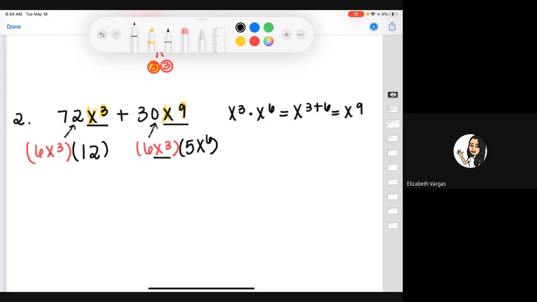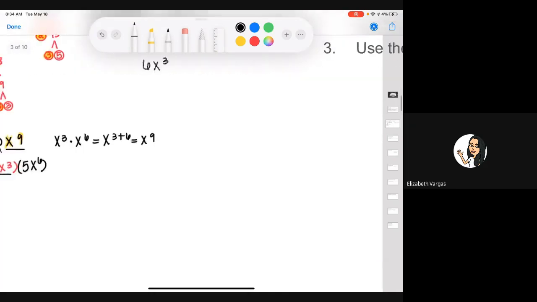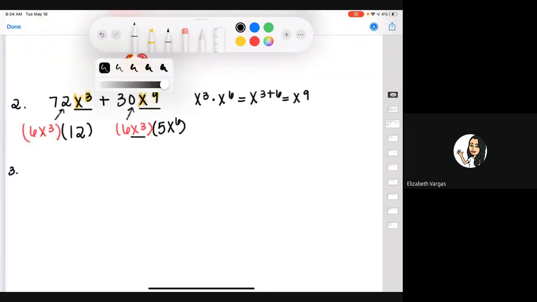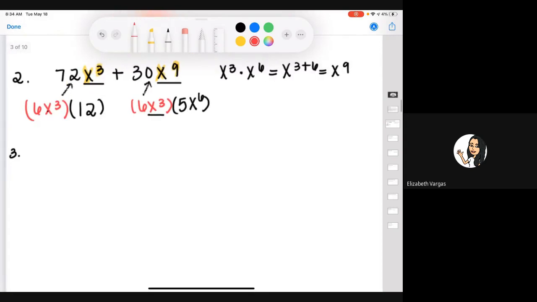Okay, and so now what do I do with this information? Well, now I do step number 3, use the distributive property. So what I'm going to do is put together like terms. I have a 6x cubed here. I have a 6x cubed here. Those are like terms, so I only need to write it one time. Here, however, I do not have like terms. I have a 12, and I have a 5x to the power of 6.